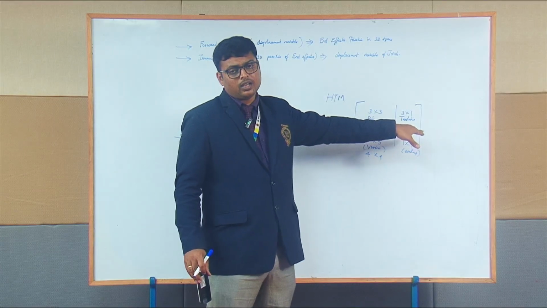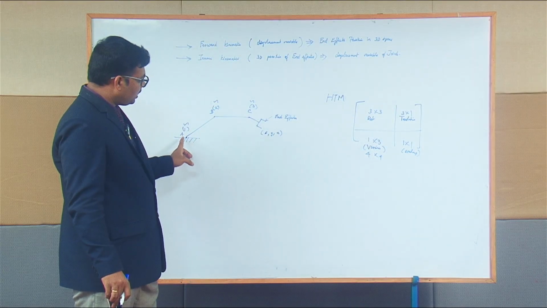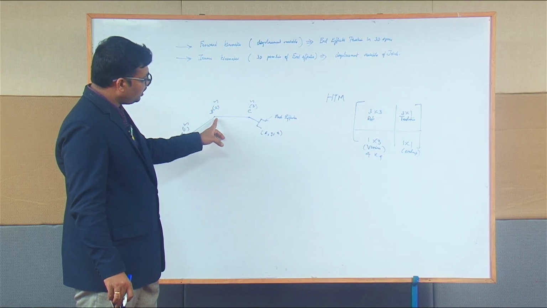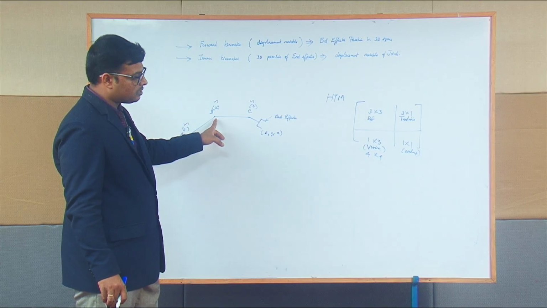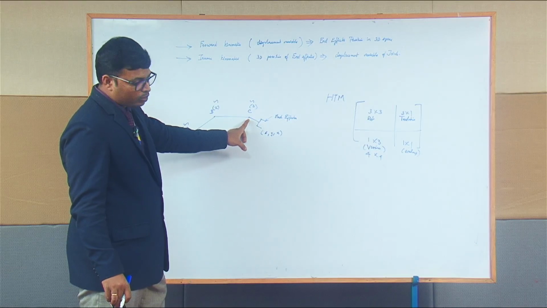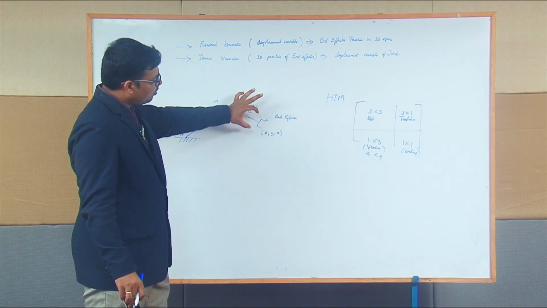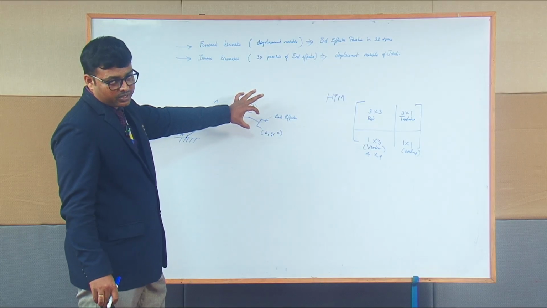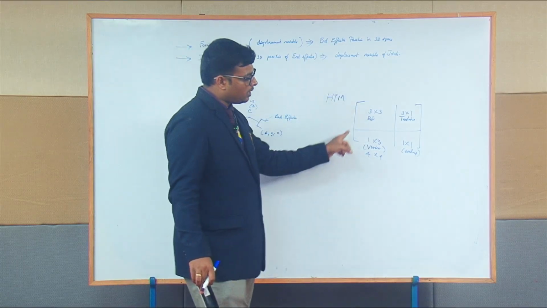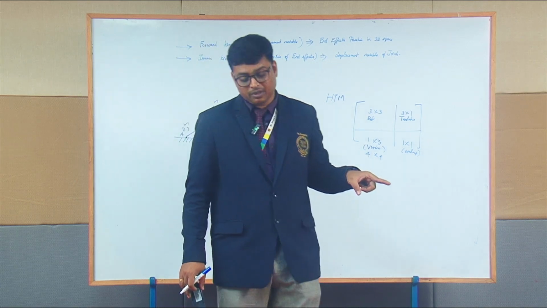That is, if I have a joint movement from A, a joint movement from B, it may be either rotational or translational. If I have a joint movement from C, it can also be rotational or translational. If I combine them together, what will happen to my end effector's position? That is composed with the help of the HTM, the homogeneous transformation matrix.